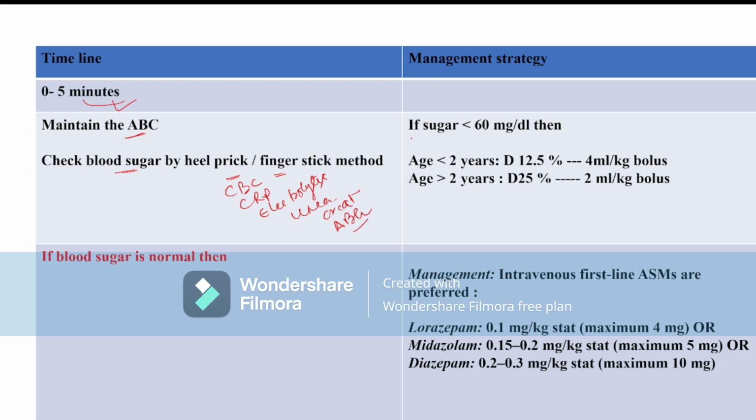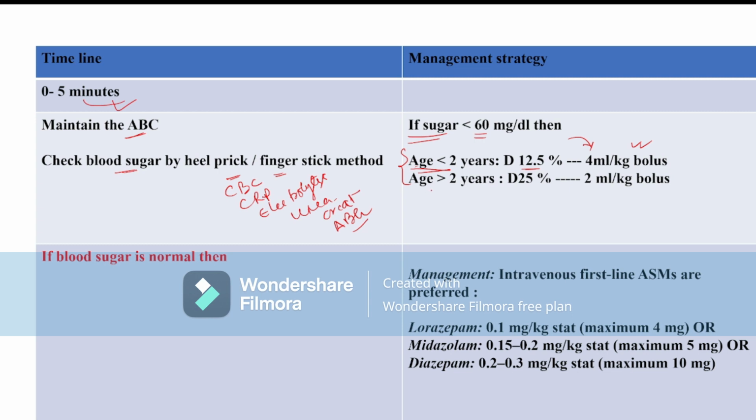If the patient has blood sugar less than 60, that means the patient is suffering from hypoglycemia. It is written in Nelson. So then give the dextrose solution, as the convulsion is due to hypoglycemia. If the age is less than 2 years, then give 12.5% dextrose at a rate of 4 ml per kg bolus.